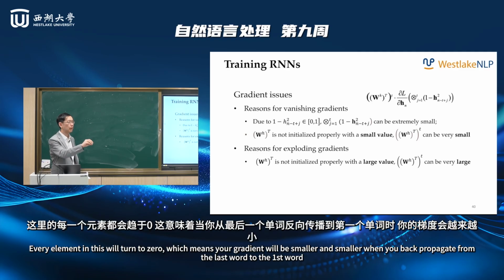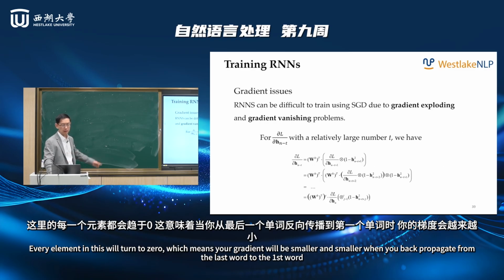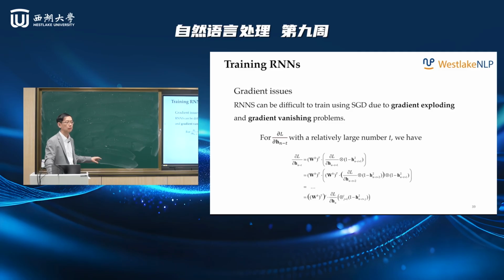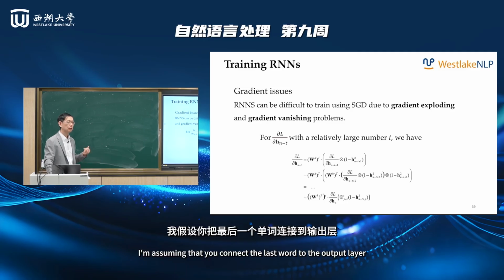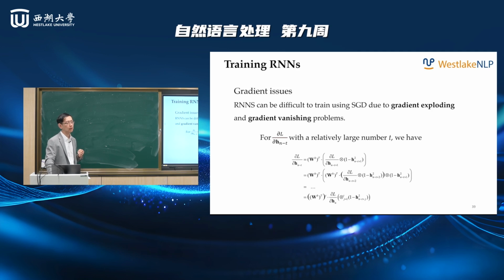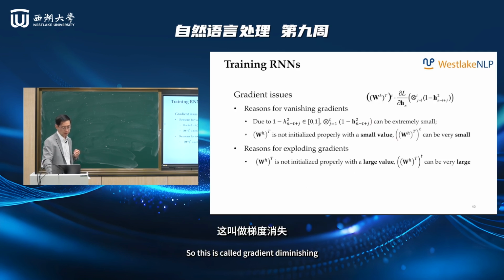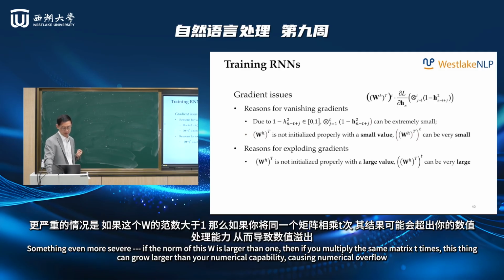Every element in this will tend to 0, which means your gradient will be smaller and smaller when you backpropagate from the last word to the first word. I'm assuming that you connect the last word to the output layer. So this is called gradient diminishing.